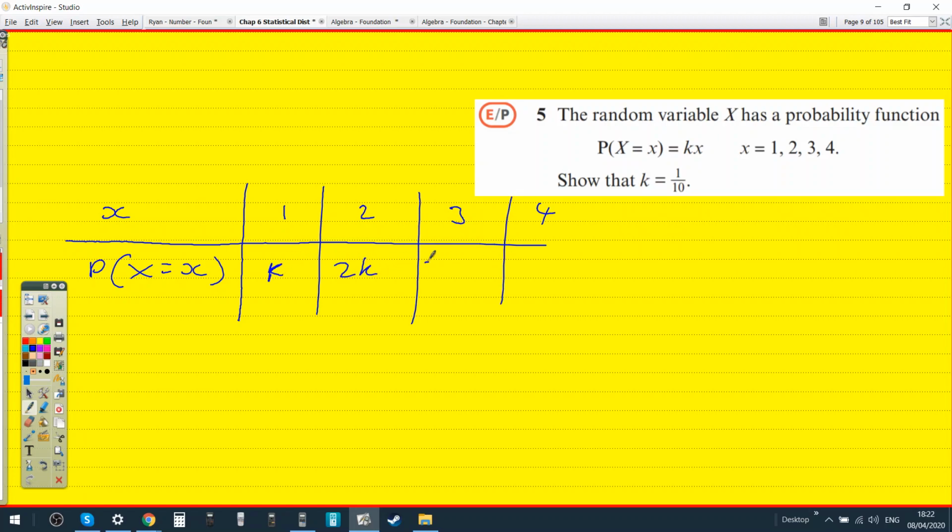Which adds to 10k. So 10k equals 1. So then k equals 1 divided by 10, which is 1/10. That's it. Any questions there? No.